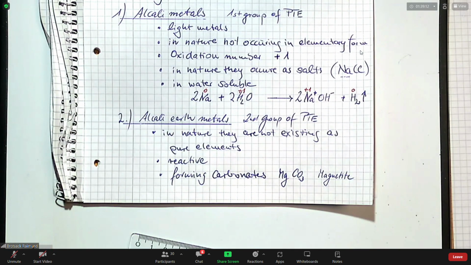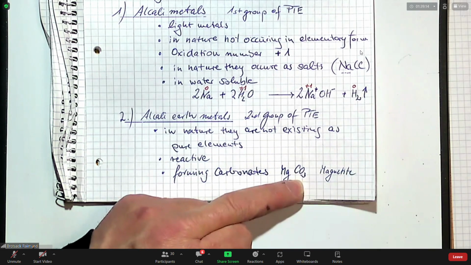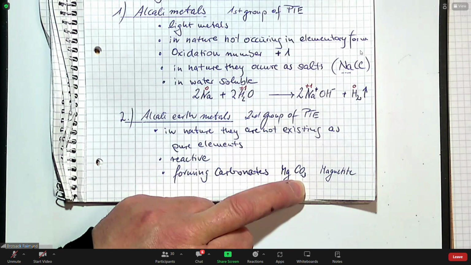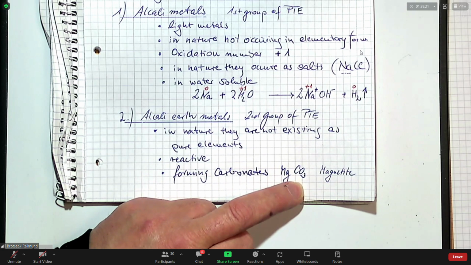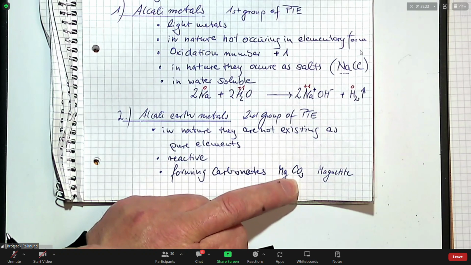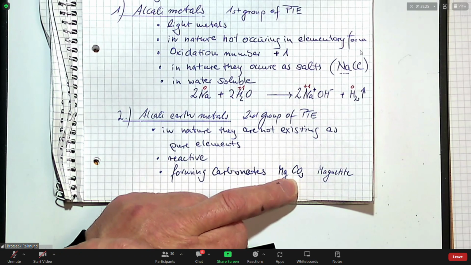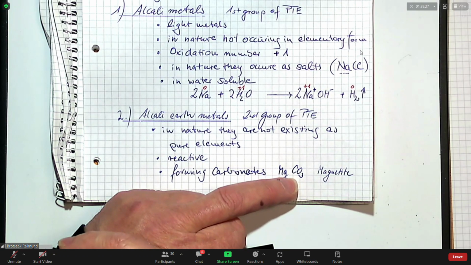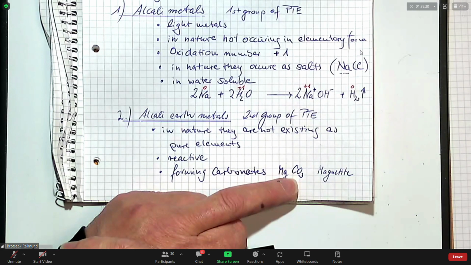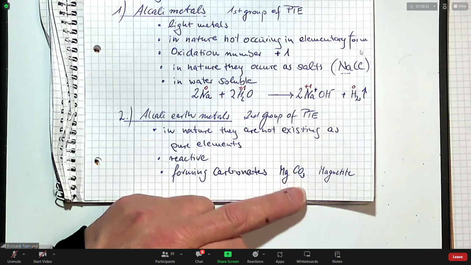What's the oxidation number of carbon in here? Please calculate and then say something, not just talk nonsense. What? +6? +6, why?